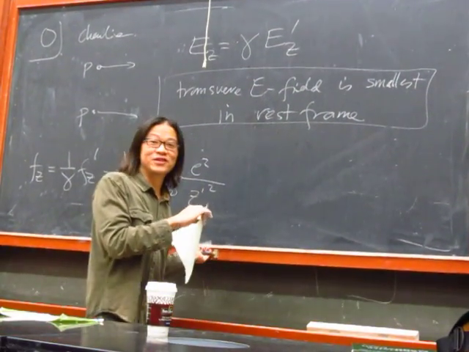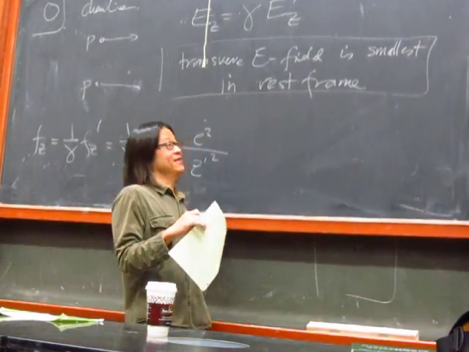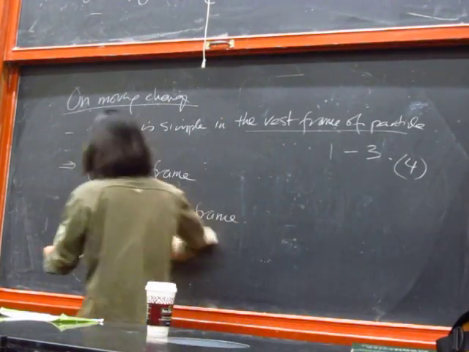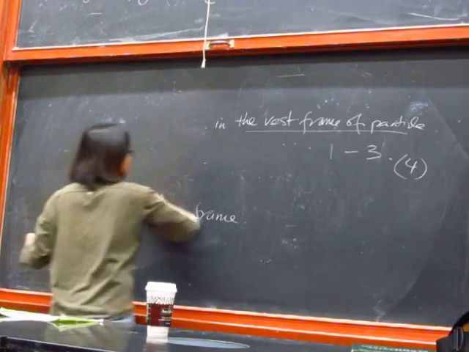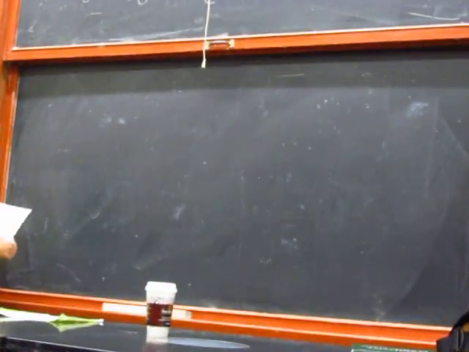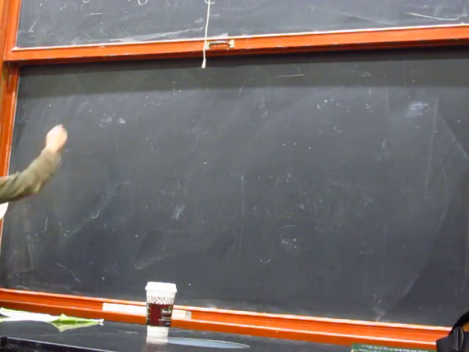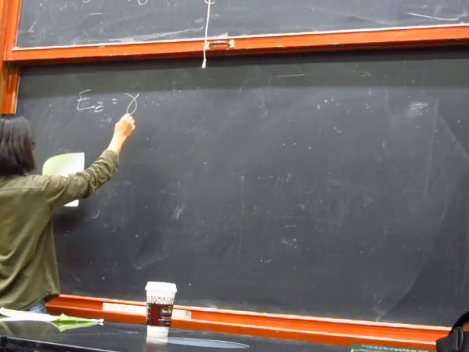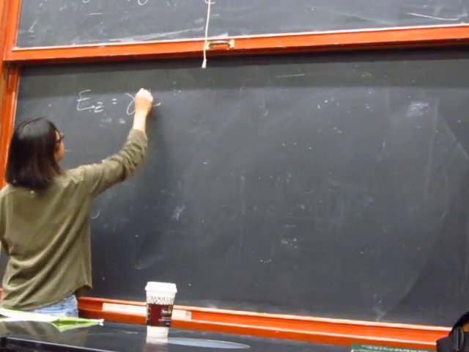I want to try to do this slowly because it's kind of confusing. But if you look at the transformation of the electric field, then Charlie's electric field Ez is equal to gamma Ez prime.